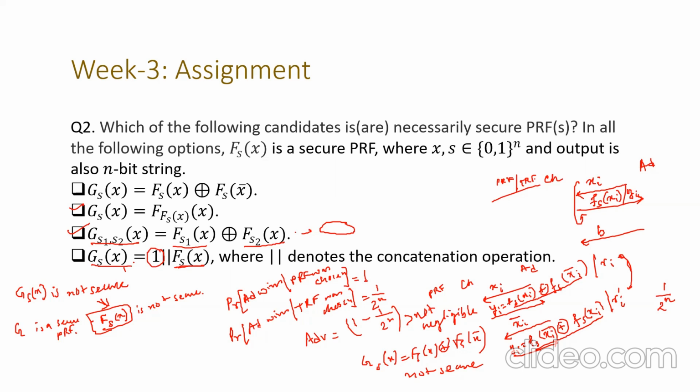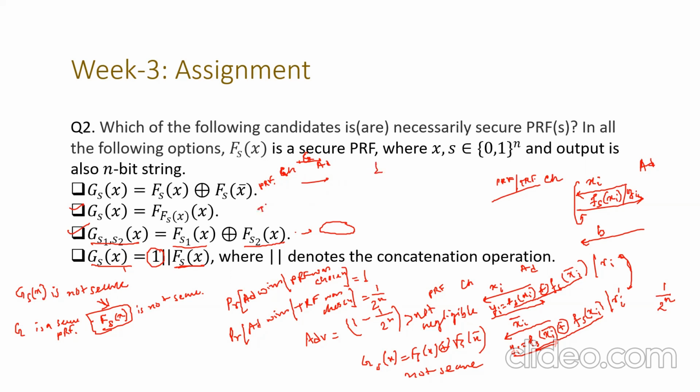So if I compute the distinguishing advantage, in the game of G, if the challenger decides to send PRF output to the adversary, then the adversary can check whether the first bit is 1 or not, and respond with yes, I am interacting with a PRG, and that strategy works with probability 1.